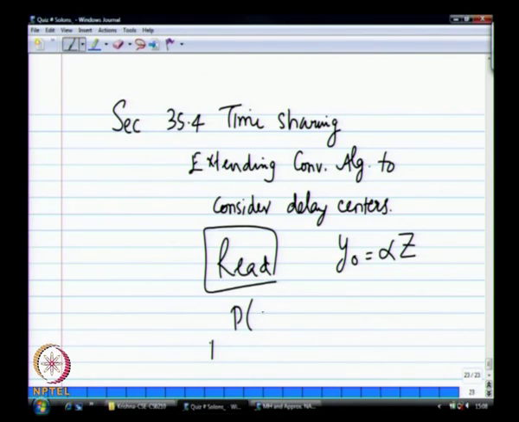So then you will have p n naught. Now you have some customers in the thinking state, which is n naught, and then the device queues n1 through nm.